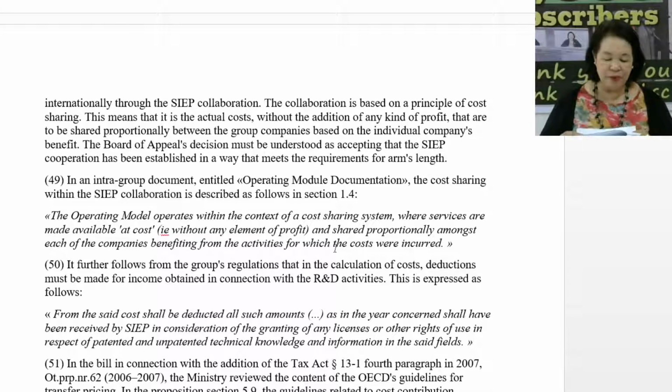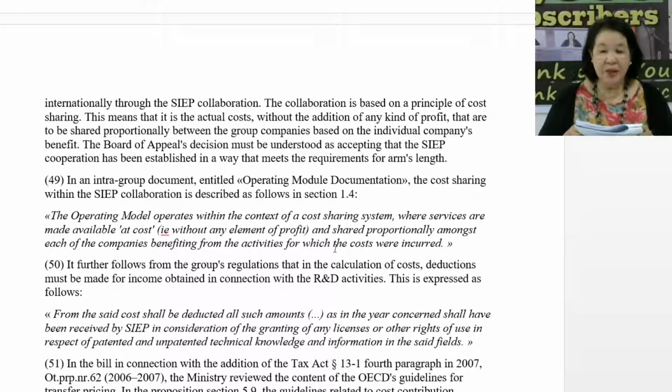A key starting point for the decision is that the research activity that Norske Shell conducts in Norway shall be treated for tax purposes in the same way as the activity conducted by Shell internationally through the SIEP collaboration. The collaboration is based on a principle of cost sharing. No? So this means that it is the actual cost without the addition of any kind of profit that are to be shared proportionally between the group companies based on the individual companies' benefits.